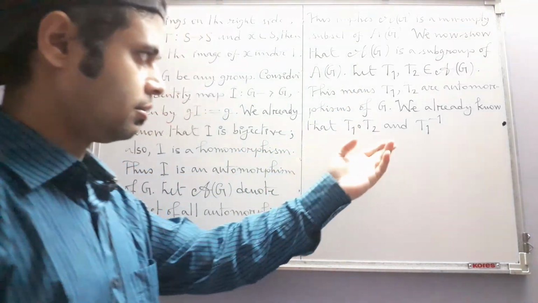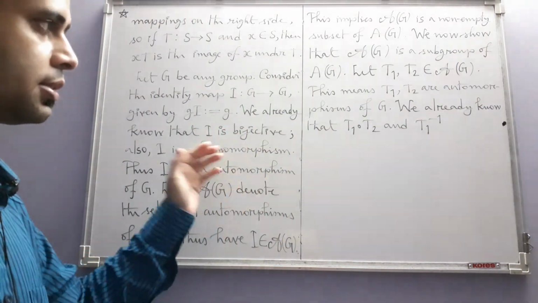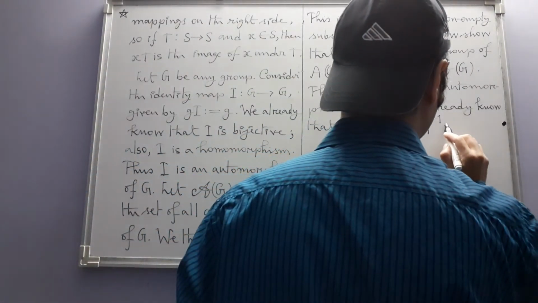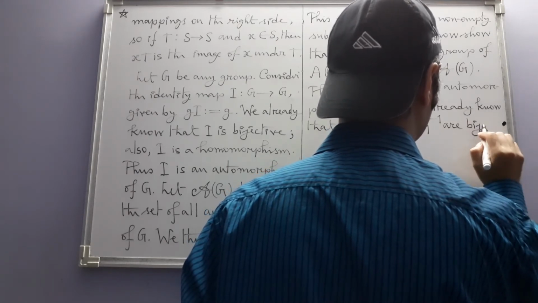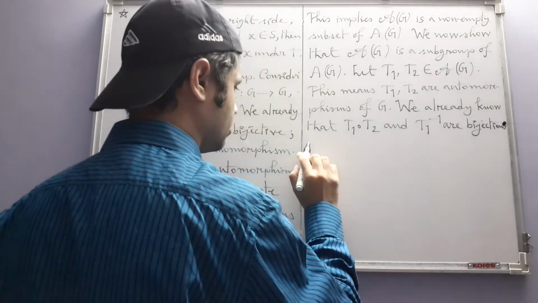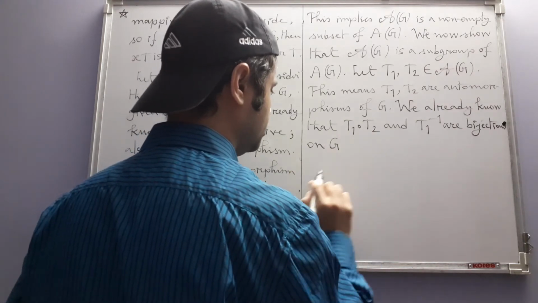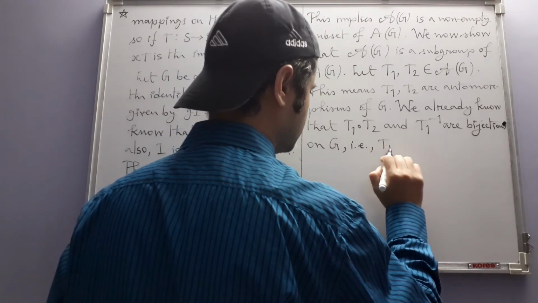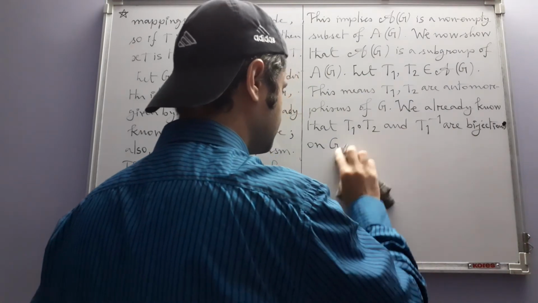These are results we know from our second section of the first chapter, where we treated functions. These are bijections on G.